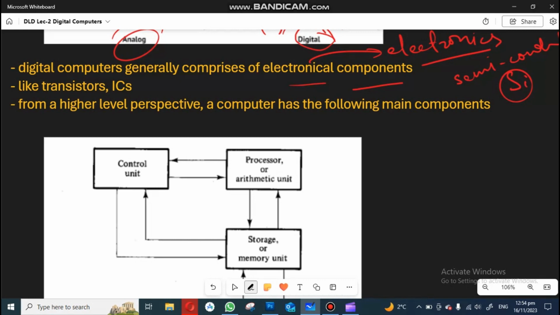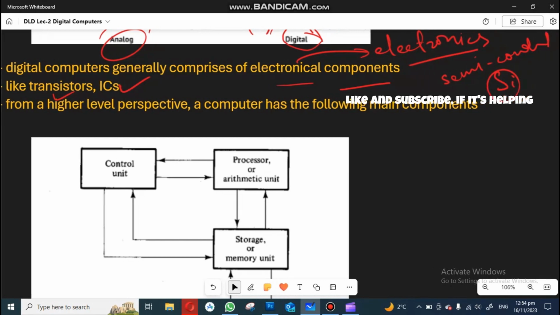Now an electronic computer has some electronic components. Some of the most common ones are transistors and ICs. You might have heard about these components. These are actually electronic components, but it won't be necessary for a normal user to understand them. A normal user doesn't need to know about the transistors or the electronic components or chips inside the computer.